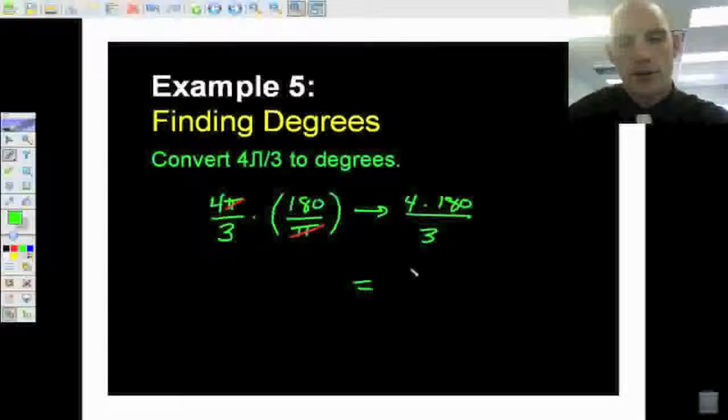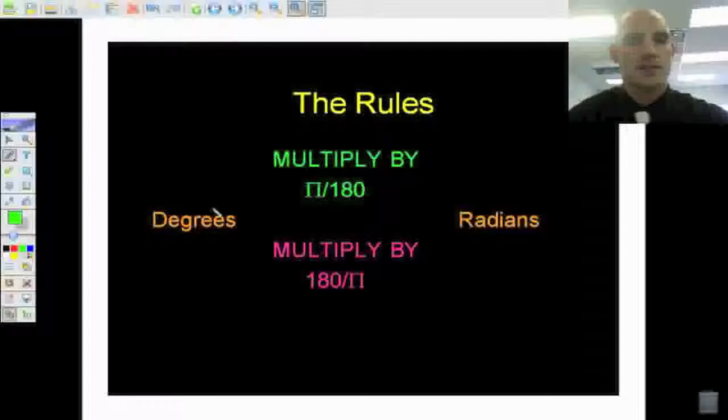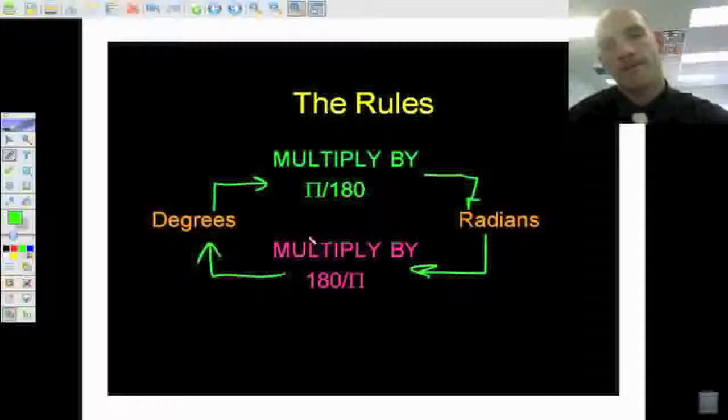I'm going to do 180 divided by 3, which is 60, so I'm going to have 4 times 60, 240 degrees right there. So that's how we do this. To convert from degrees to radians, we're going to multiply by pi over 180. To convert from radians to degrees, we're going to multiply by 180 over pi. It's a big cyclical thing here.